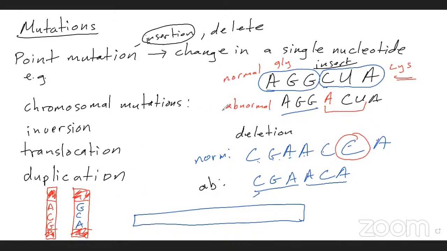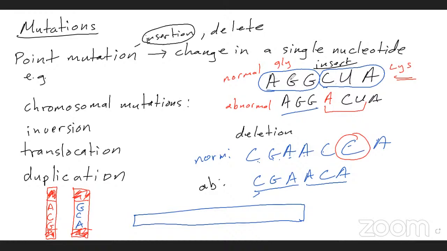Insertion? Yeah, the insertion. It just adds something to the normal sequence. So you have the normal one, right? For it to become abnormal, you need to do something to the normal one. So if you notice, I added an A in red here, so it's no longer the normal one. That's the mutation. Once you do something to the DNA, it's a mutation.